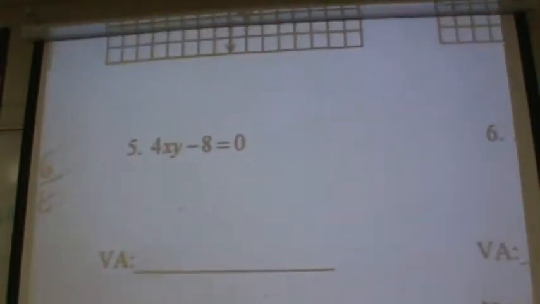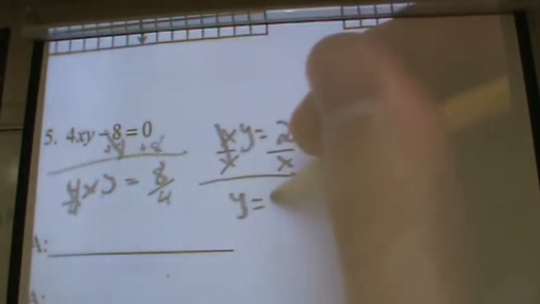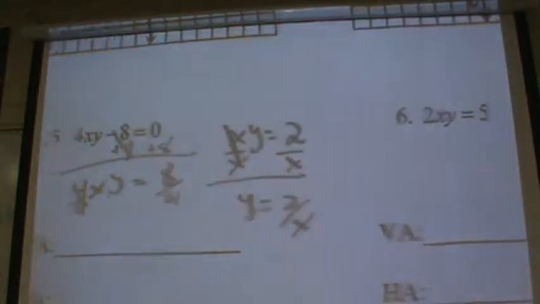Good. Alright, the next one, you're going to add 8. x times y equals 8, and then you're going to divide by 4. What's 8 over 4? 2. It's xy equals 2. What's left? You divide by x. Y equals 2 over x. Just like that.